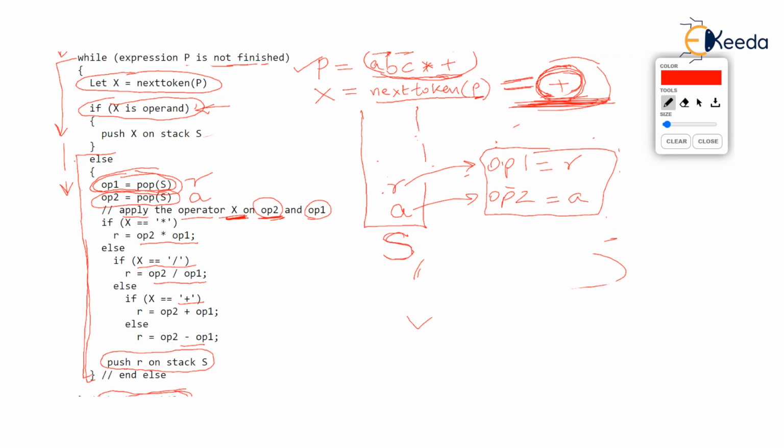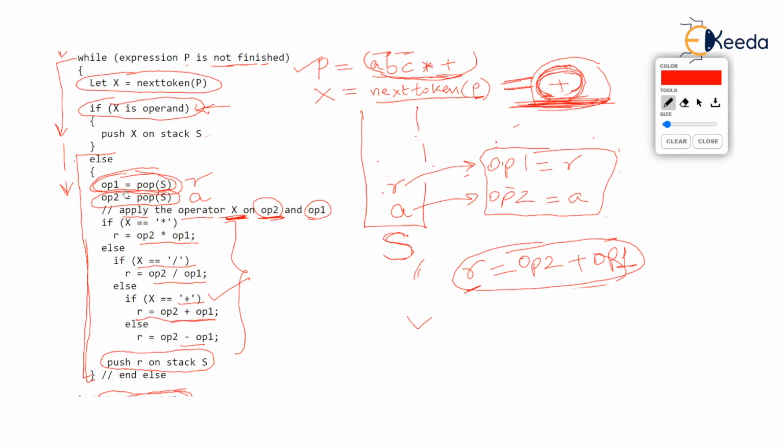You apply this operator, but you will apply it in such a way that OP2 will be on the left of plus and OP1 will be on the right. Store it in the result R. And once R is evaluated, push R on the stack. So that's what has been done in the remaining code. Here addition is true, so we will add OP2 and OP1 and push the result in R.